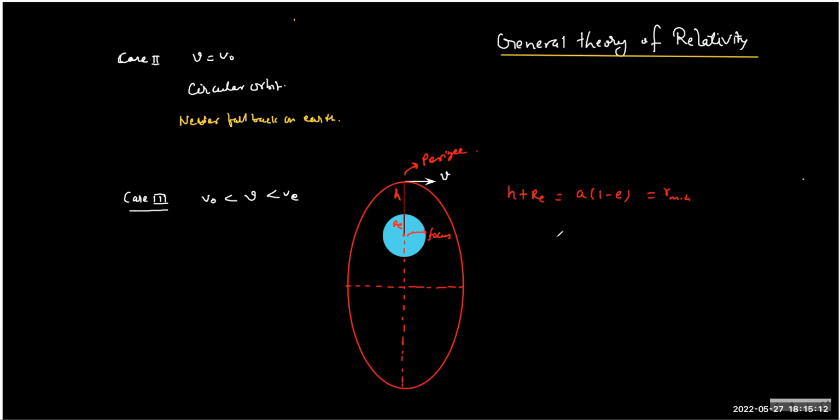So perigee is equal to H plus R. This part is called perigee, to be technically correct, and whatever you project will move in this elliptical path. Okay.